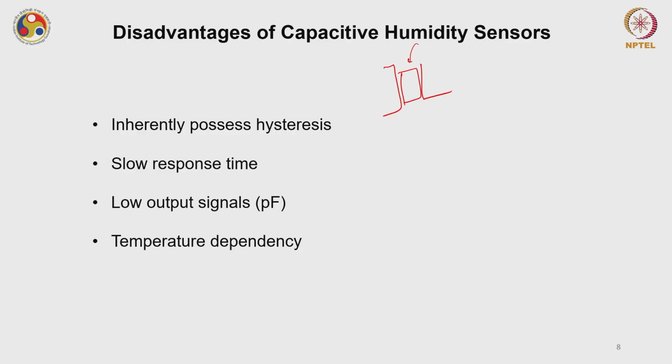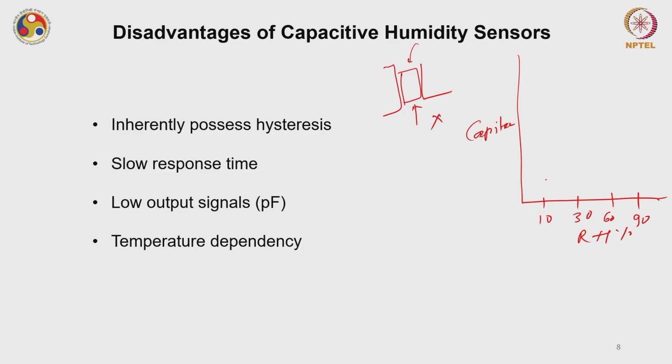So if you remember the definition of hysteresis, if I plot a static curve between capacitance versus RH percent, say for this film X, say I am taking data at 10, 30, 60, 90.